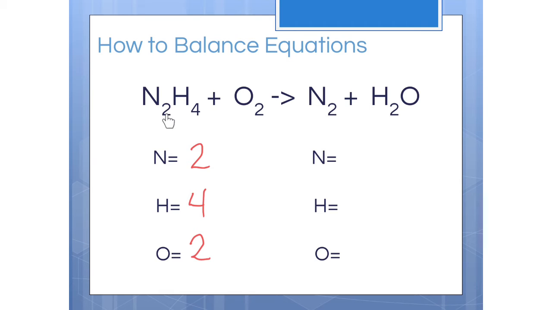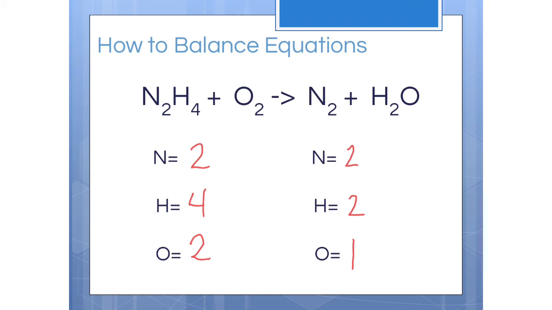So when we're breaking it down like this, we have to add up all of the elements on the reactant side, and then all the elements on the product side. On the product side, we have 2 nitrogen, 2 hydrogen, and 1 oxygen.